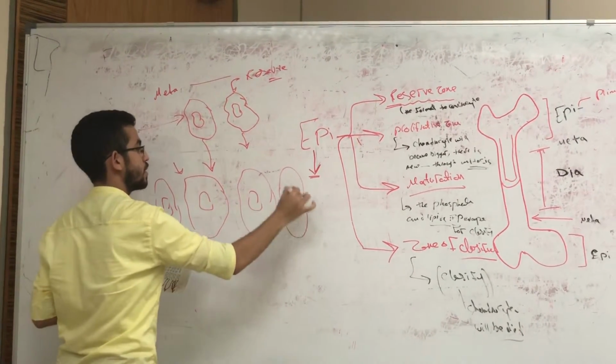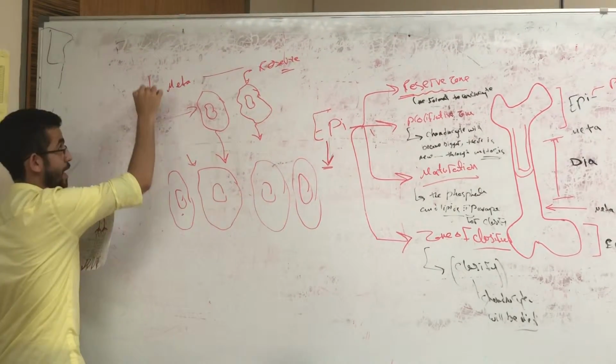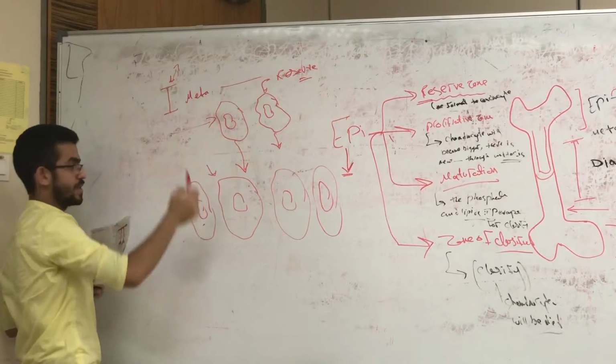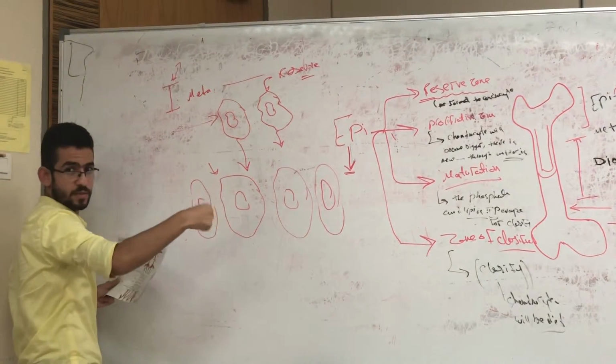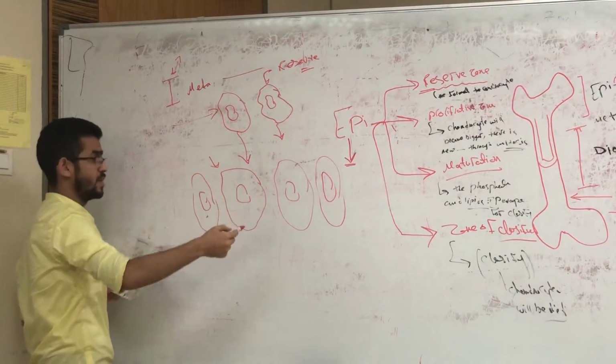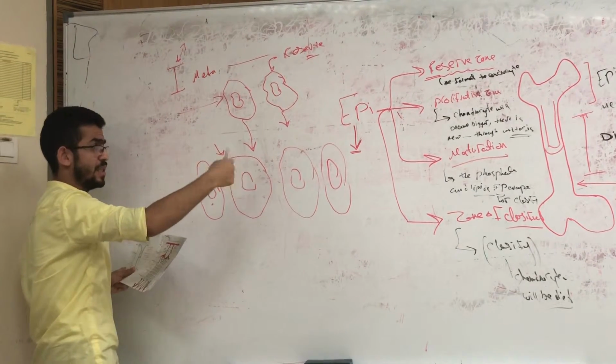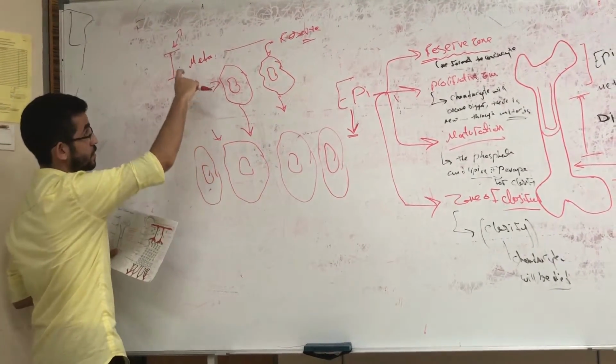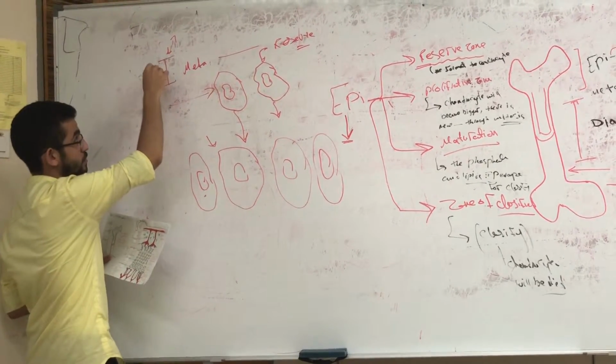Why? Because the length which the bone will grow depends on how much mitosis actually happens. Each time mitosis happens, the length will be more.